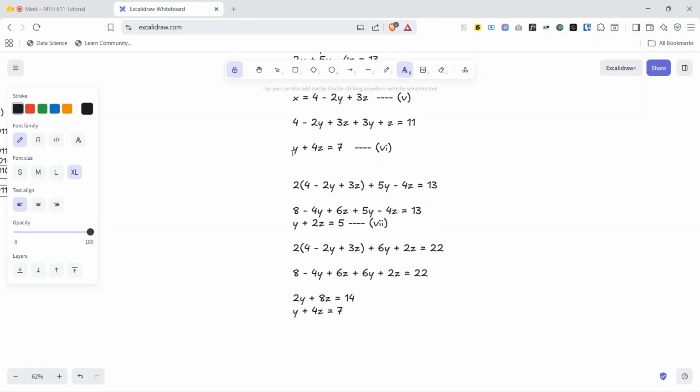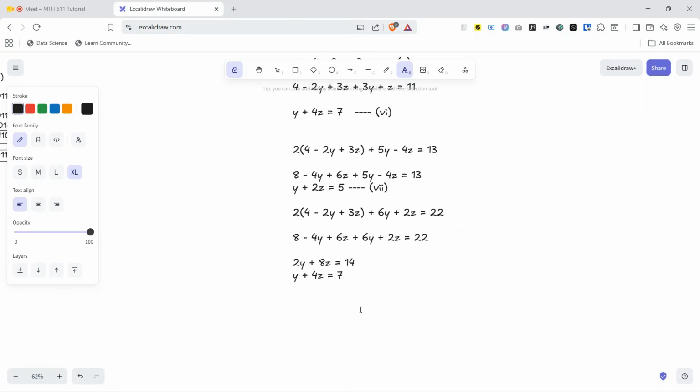we can subtract equation 6 and 7. What I mean by that is that we would have something like this: y plus 4z equals 7, y plus 2z equals 5.